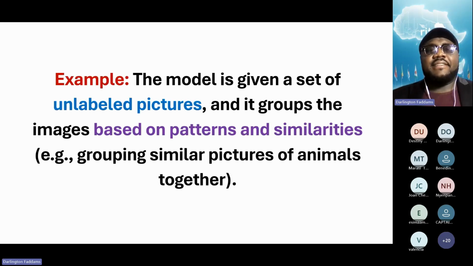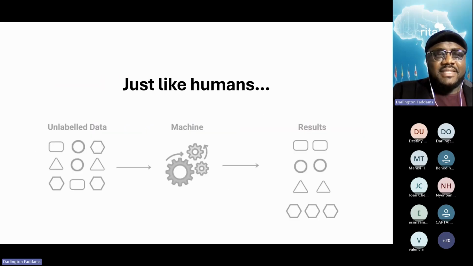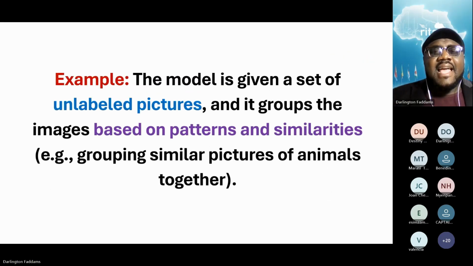So in machine learning, the model is given a set of unlabeled data. And it groups them based on hidden patterns, hidden relationships and similarities. Group similar pictures of animals together.